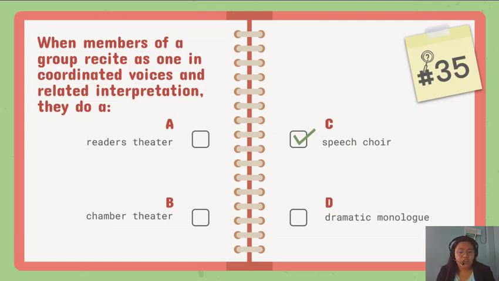Or another, solo and chorus, in which a soloist recites aloud some lines and then followed immediately by the chorus that recites a refrain. Or third and last, responsive reading, in which lines are recited alternately by a solo or chorus.